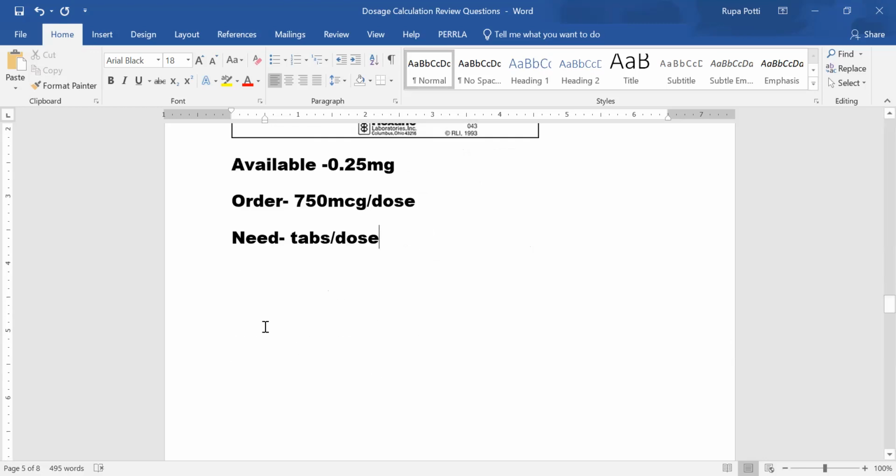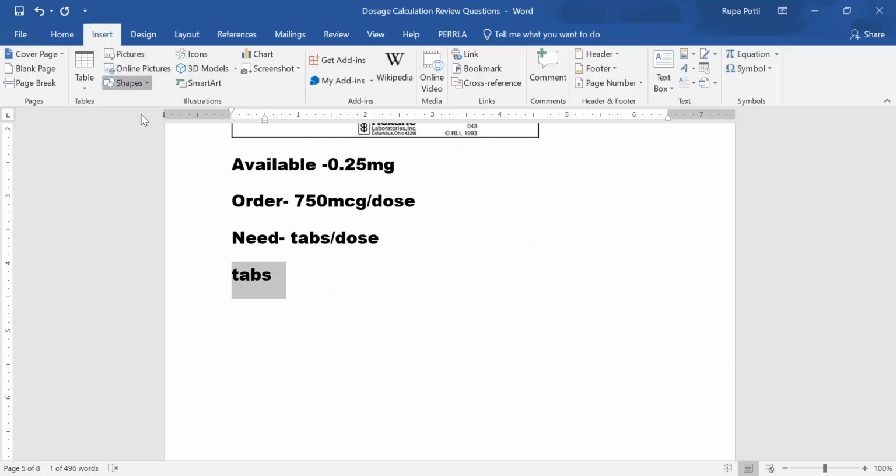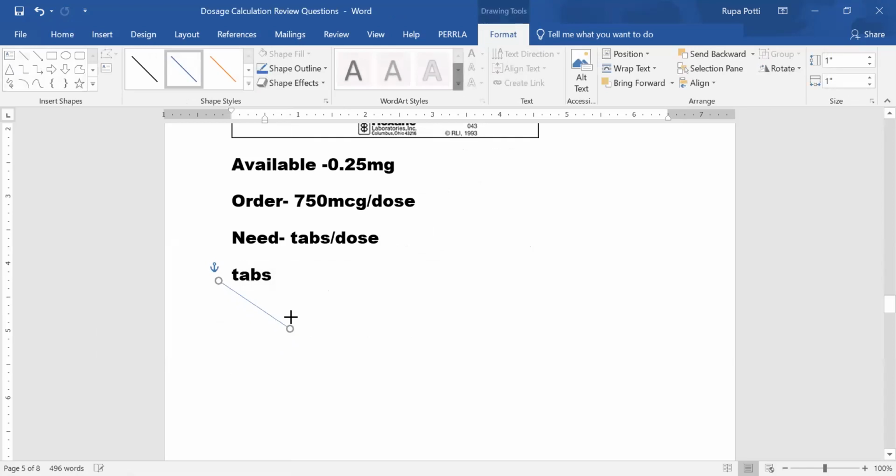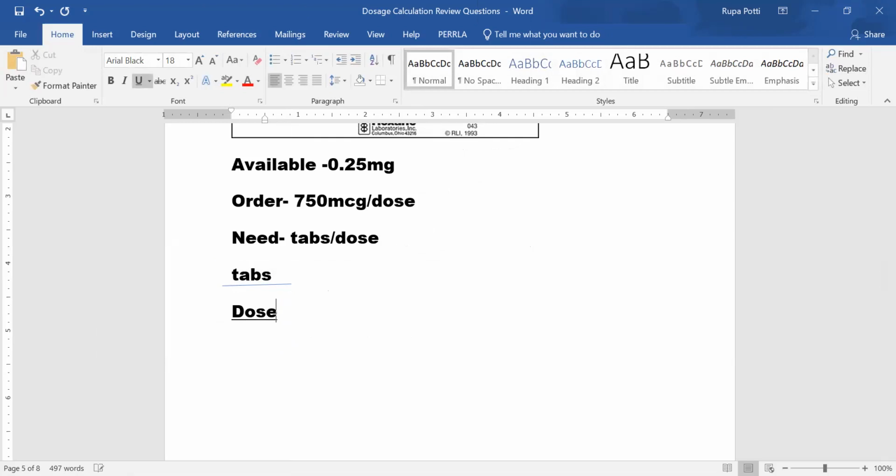Because I need tabs per dose, I'm going to start off my problem with tabs per dose. Again, I'm going to look at what talks about tabs.